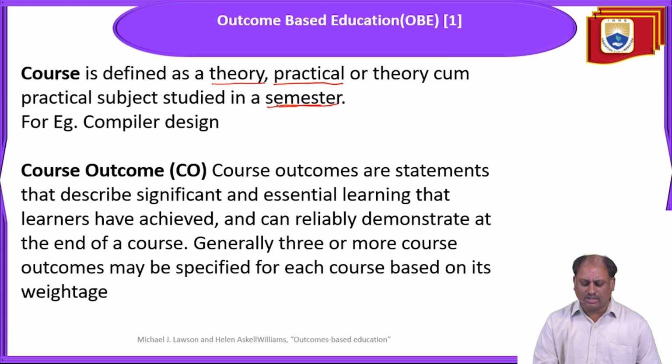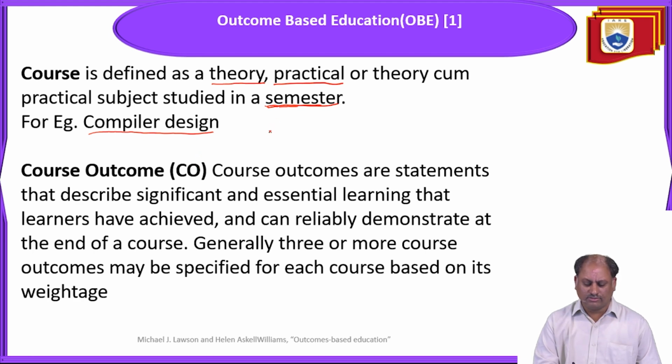This catalog may contain the distribution of theory courses combined with lectures of each semester, and semester-wise and credit-wise information can be displayed. Suppose compiler design is a subject. We can say it is a theory course.